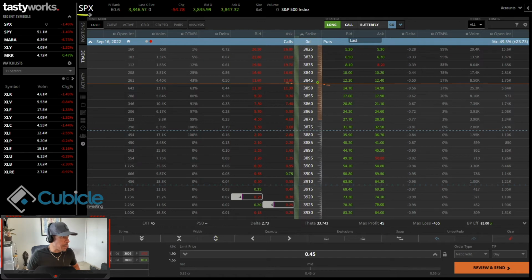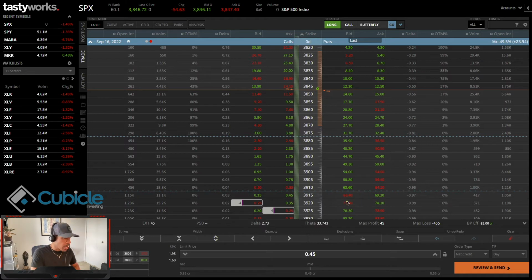which is represented by this ticker symbol here, SPX, right? As you can see here, my call credit spread is way out of the money, meaning that the price of the underlying is far away from my credit spread.